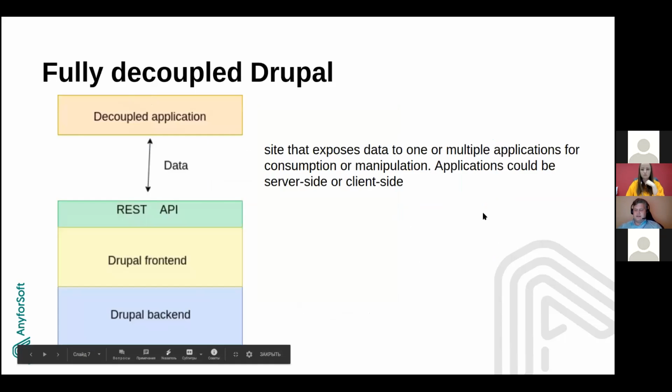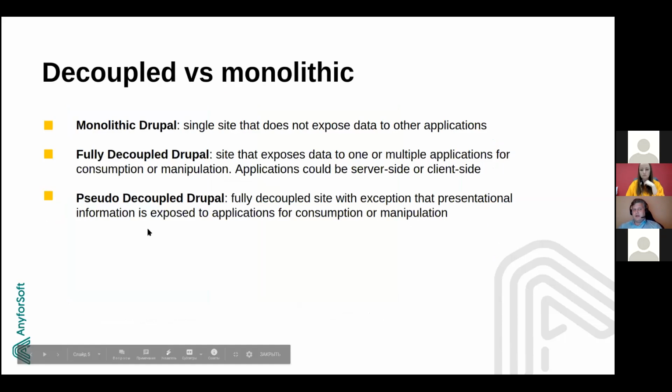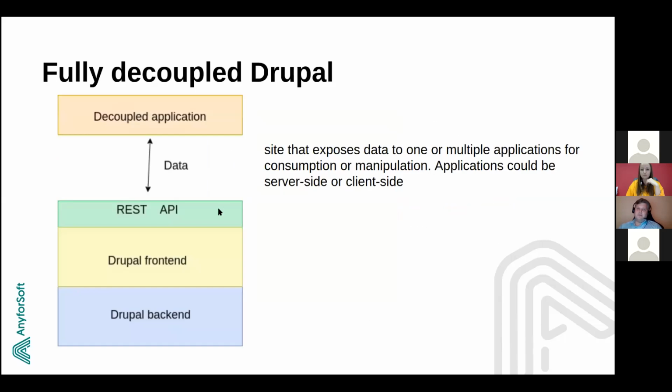But we can also talk about fully decoupled Drupal and pseudo decoupled Drupal, which is also a division inside the decoupled architecture. A fully decoupled Drupal site is a site that exposes data to one or multiple applications for consumption or manipulation. And the application could be server side or client side.